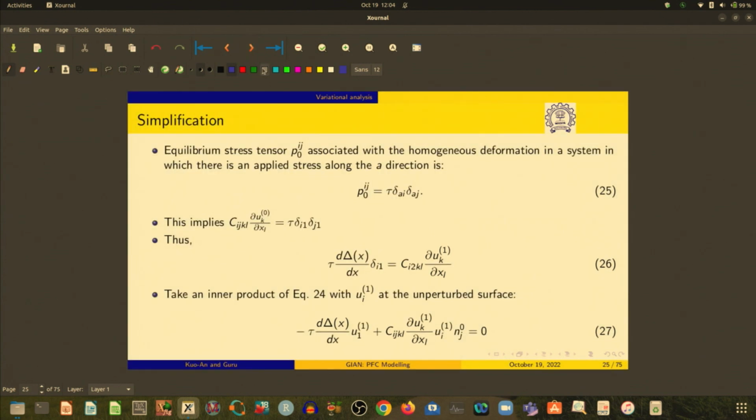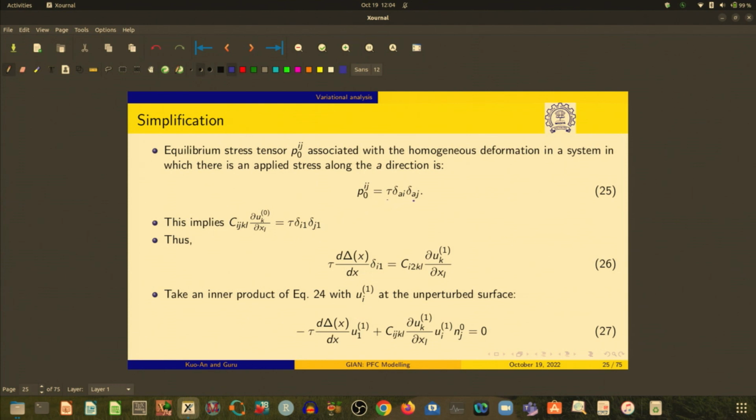Now, you have put it, this is another step. This is also there in Greenfeld. You can take a look at it. If you have an equilibrium stress tensor Pij0, which is associated with a homogeneous deformation, and if you have an applied stress along some given direction, then this Pij0 is written as tau del ai del aj. Okay.